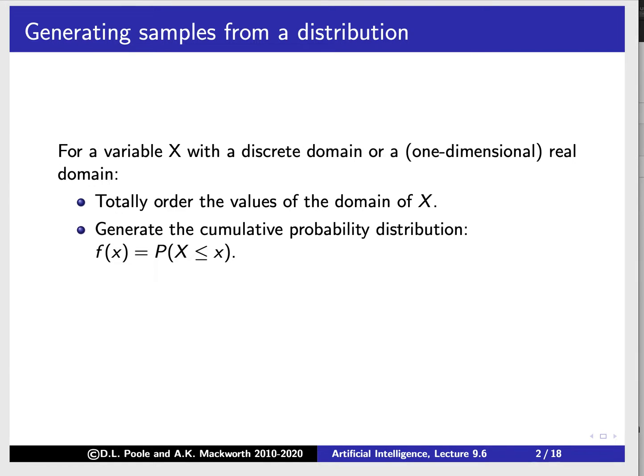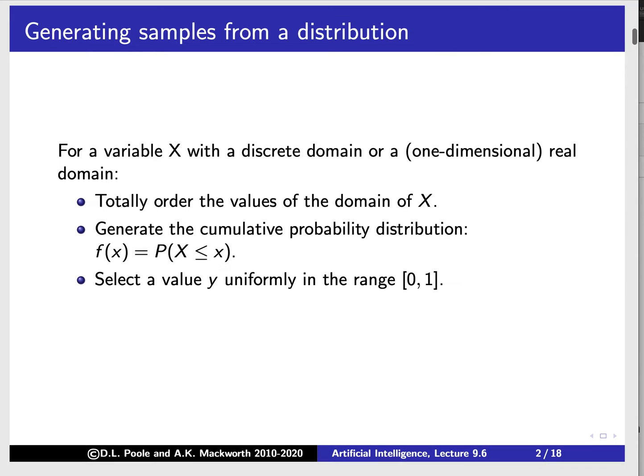Then we generate what's called the cumulative probability distribution, where f of x is the probability that the variable x has a value less than or equal to x. So f of some number is the probability that x is less than or equal to that number. It'll make sense in a second when we give an example.